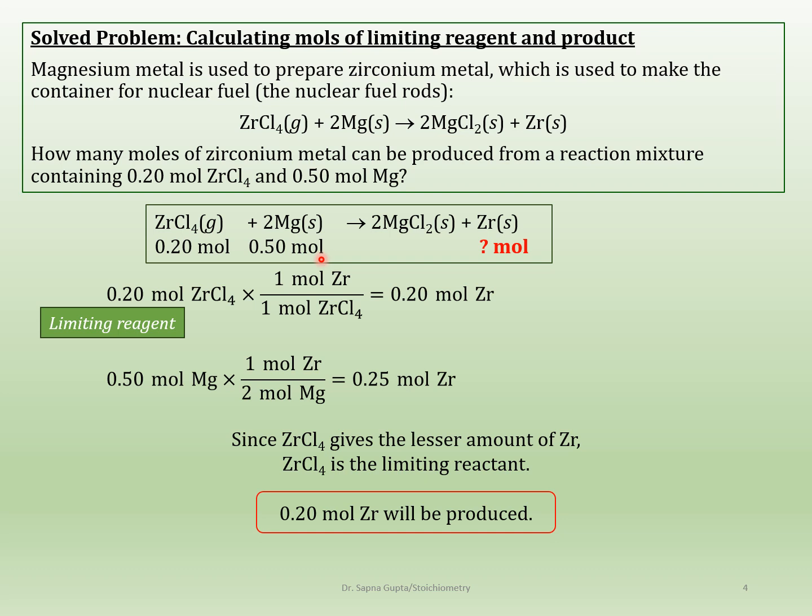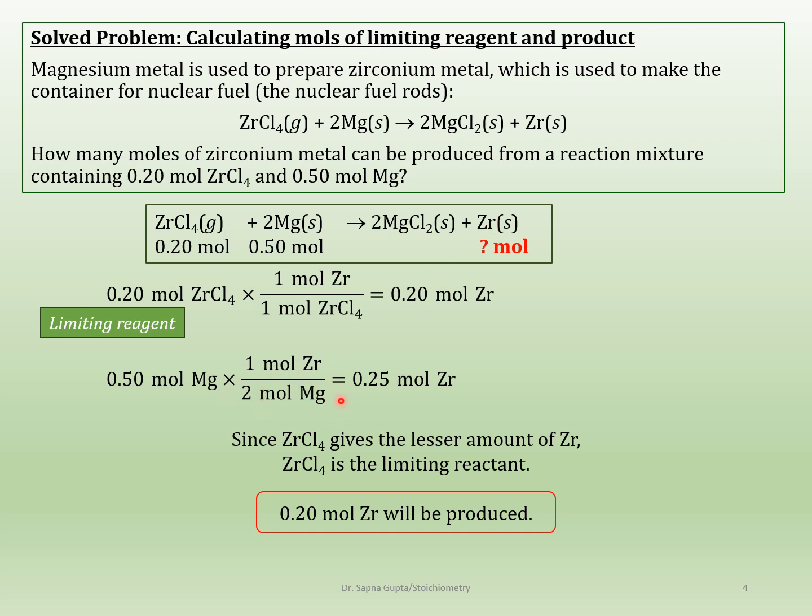I need you to understand the concept of limiting reagent here. You have the moles of zirconium chloride, and then you do the mole ratio to zirconium. Zirconium chloride to zirconium is 1:1, so 1 mole is to 1 mole. That gives you 0.20 moles of zirconium because it's a 1:1 ratio. With 0.5 moles of magnesium, the mole ratio of magnesium is 2:1 to zirconium.